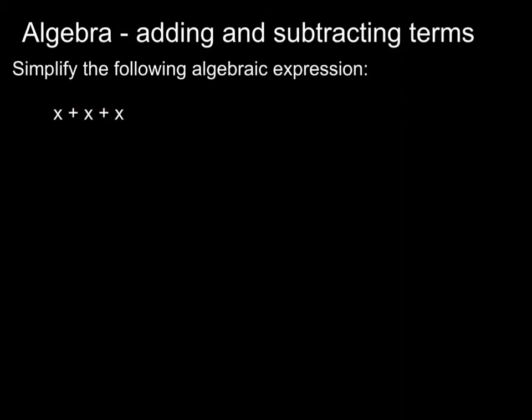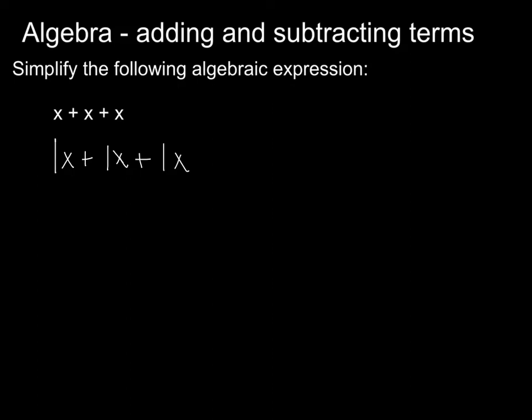So in the last one, 2y minus 4y plus 3y, the coefficients were 2, minus 4, and plus 3. Here we don't have any coefficients, but when you don't see a coefficient, there is actually a secret one. It's actually the number 1. So it's actually 1x plus 1x plus 1x.